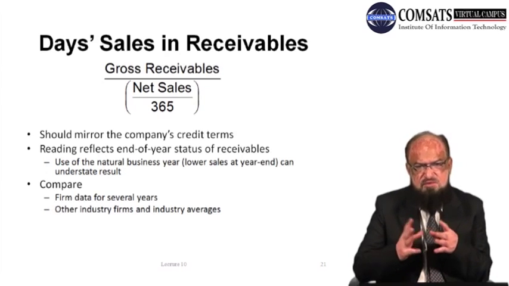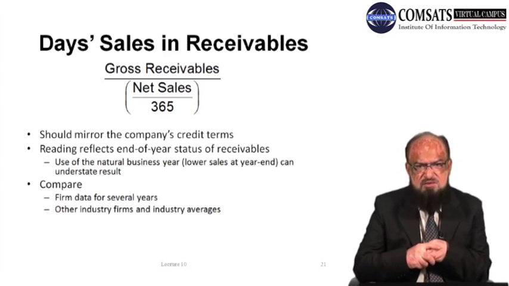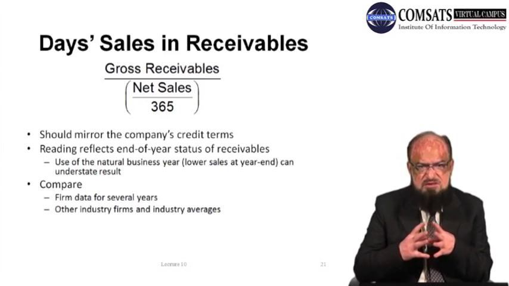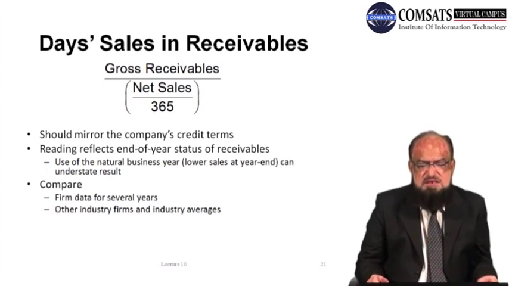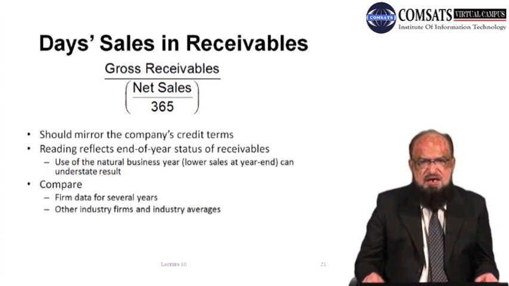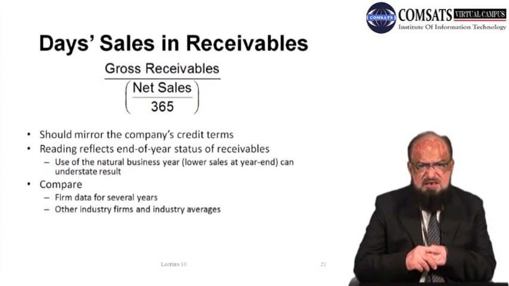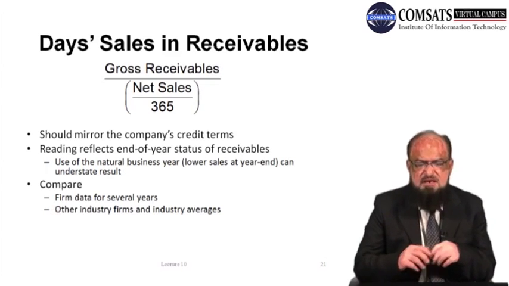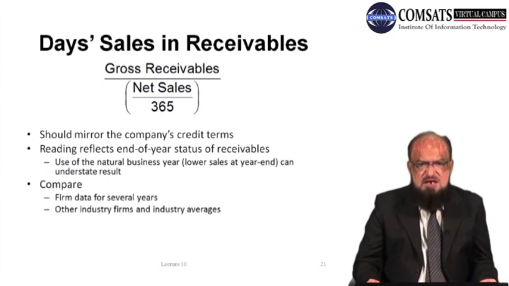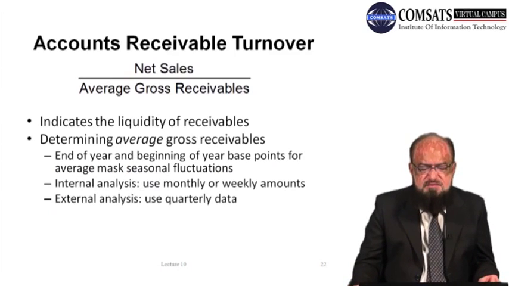In lecture 10 we discussed the days sales in receivables formula. It is given in front of you: gross receivables divided by net sales divided by 365 days. 365 days shows the days in a year, if you remember that. So I just want to give you the overview.